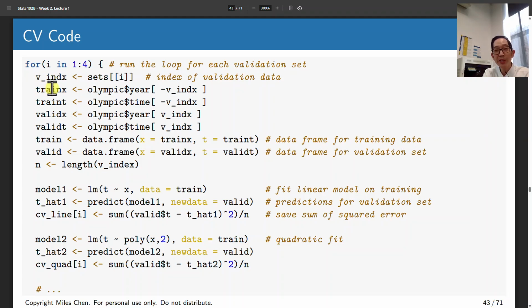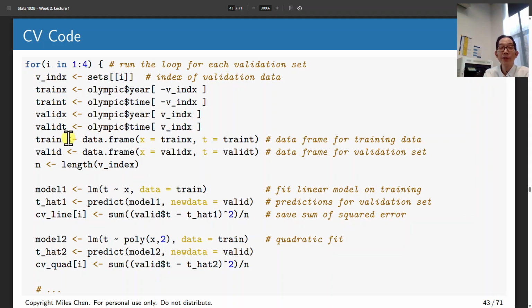And so my training set will be, remember my x variable is year, and my t variable, or the y variable, is time. So I'm going to remove the validation index, those 7 values. And so I'm going to have 21 observations in train x and 21 observations in train t. And then my validation x and validation t will be the 7 that are part of my validation index.